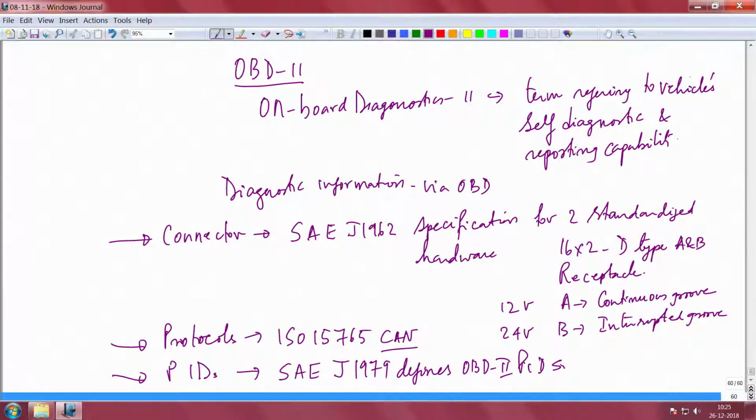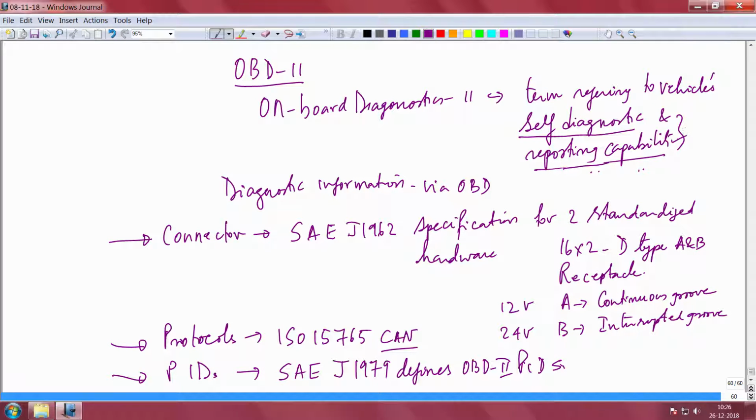So what does the OBD2 do at a high level? It is a term referring to the vehicle's self diagnostic and reporting capability, not only trying to find out if there is a fault within by doing some very intelligent tests, but also having the capability to report a fault condition.